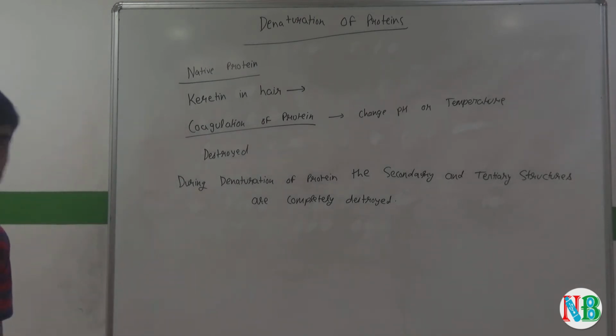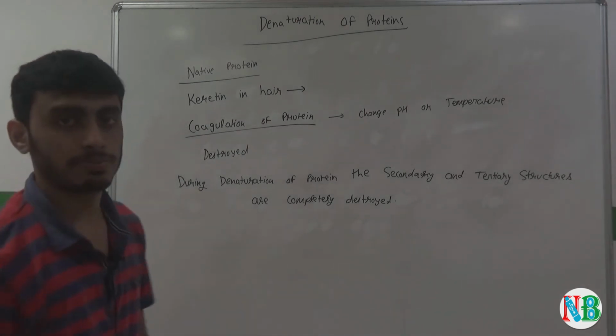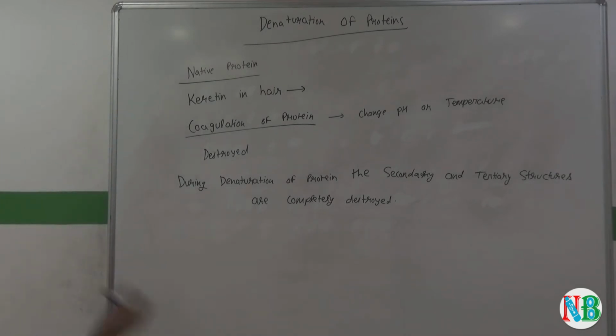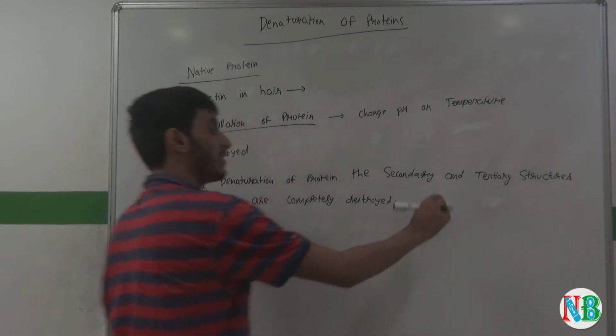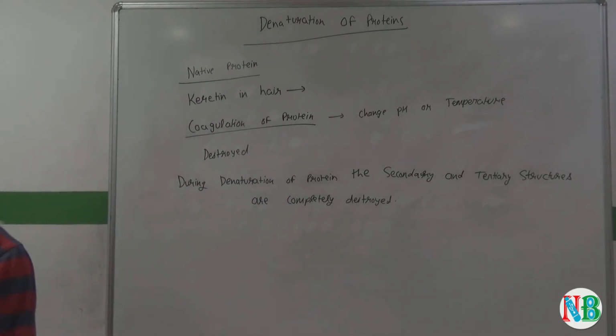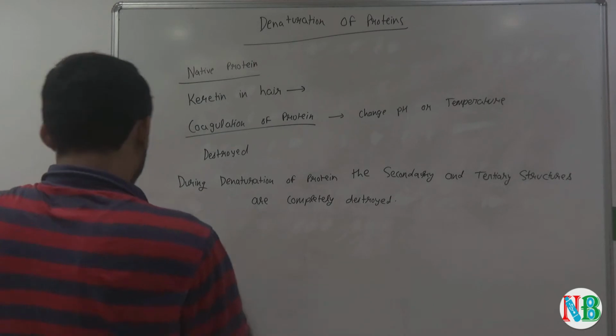This process of coagulation of proteins, at the end of which you completely destroy the secondary and the tertiary structure, is known as the denaturation process.